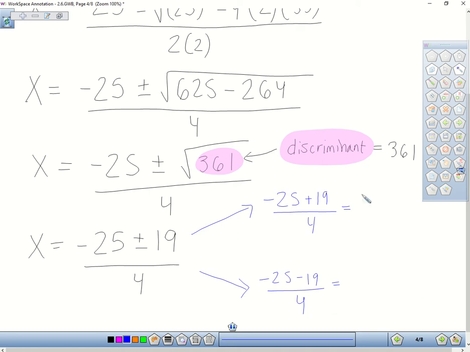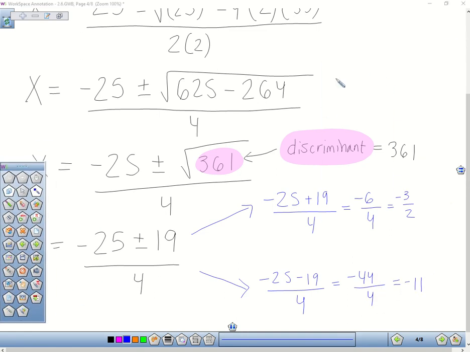Okay. So if I add these two, 19 minus 25, I get negative 6 over 4, which reduces to negative 3 over 2. And down here, I think it comes out to be, yeah, negative 44 over 4, which is negative 11. So how you write your 2 solutions is negative 3 over 2 comma 0 and negative 11 comma 0.